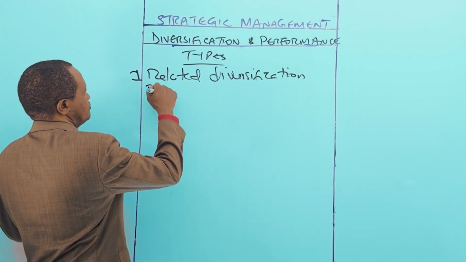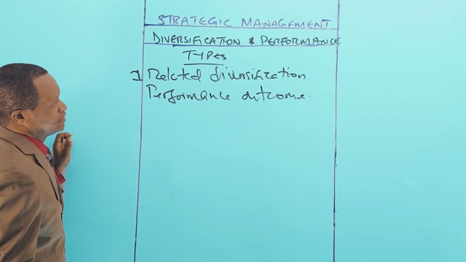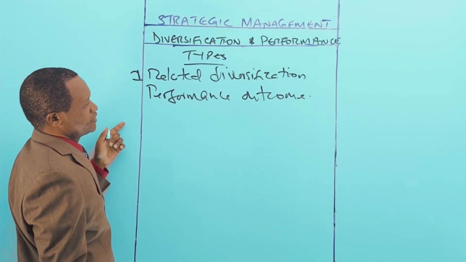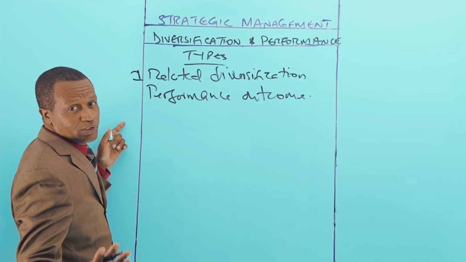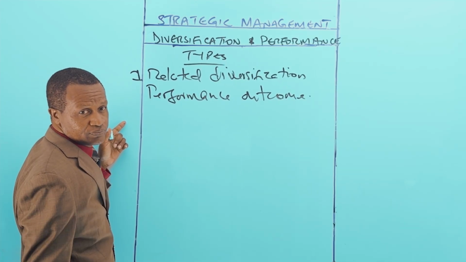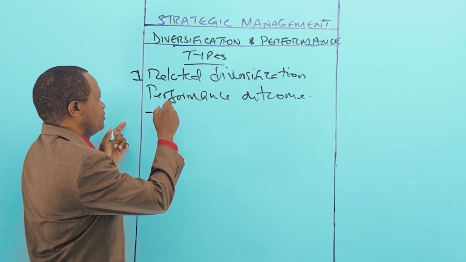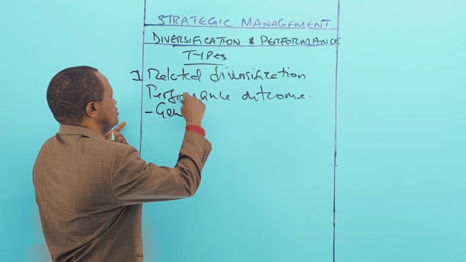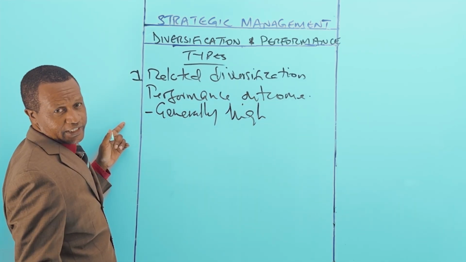Performance outcome. If a company decides to diversify in related areas or industries, what will be the performance outcome? How will the company perform? Now, generally, candidates, there will be high performance. The performance will be generally high.